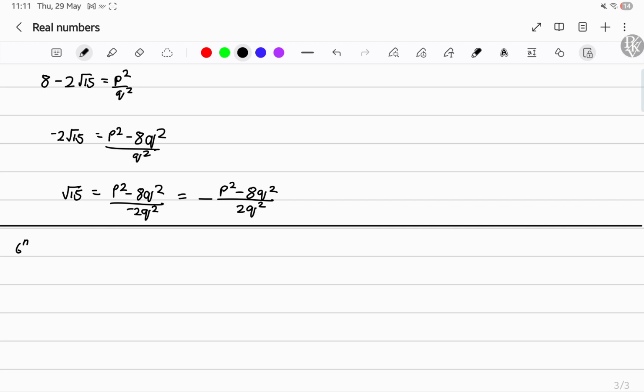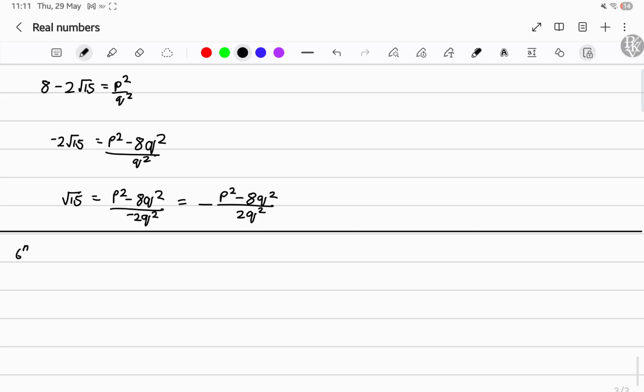Okay, so will any value of 6 raised to n for any value of n in natural numbers, that is 6 raised to 1, 6 raised to 2 or anything like that, we need to check if it ends with 0.